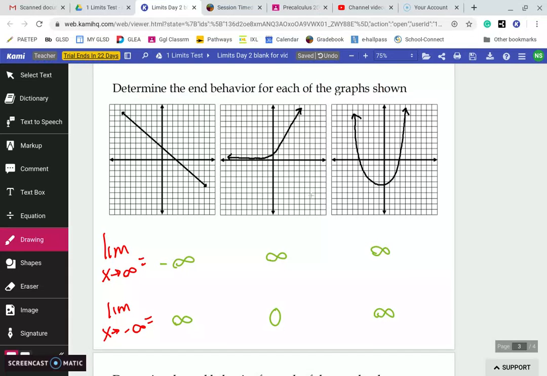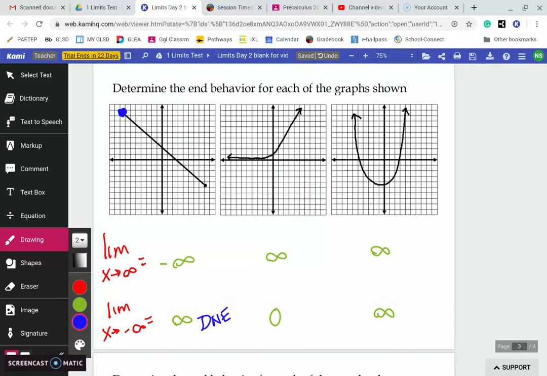Now, just a little side note, something that I should have done here. Let's just say, for argument's sake, that this was a dot. Let's say it stopped there. It wasn't an arrow. If that was the case, if it stopped there, then this limit, as we're going to the left, wouldn't exist.